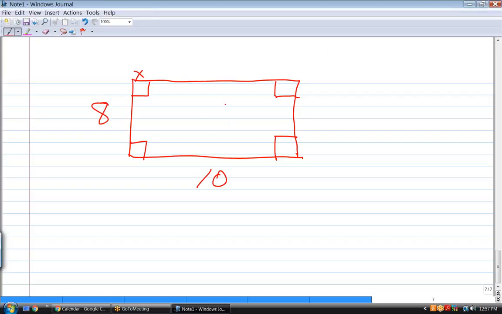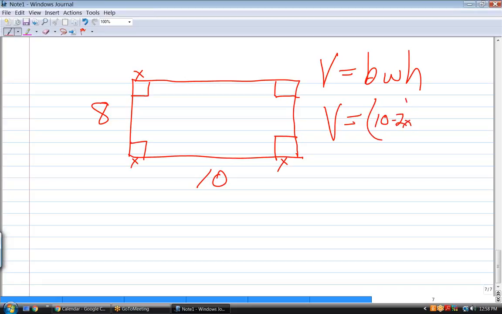Since we're trying to optimize the volume of the box, the volume is base times width times height. Base, that's x. So the base is what? 10 minus 2x. Yeah. The width is what? 8 minus 2x.